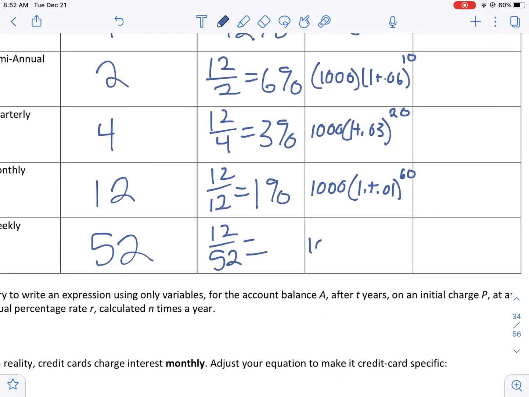And then 1,000 times 1 plus 12 divided by 52, you're checking it weekly, so that would be 52 times 5.